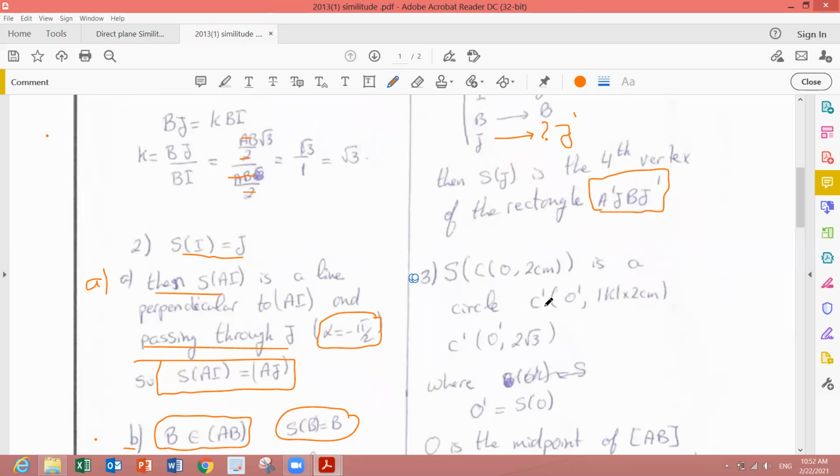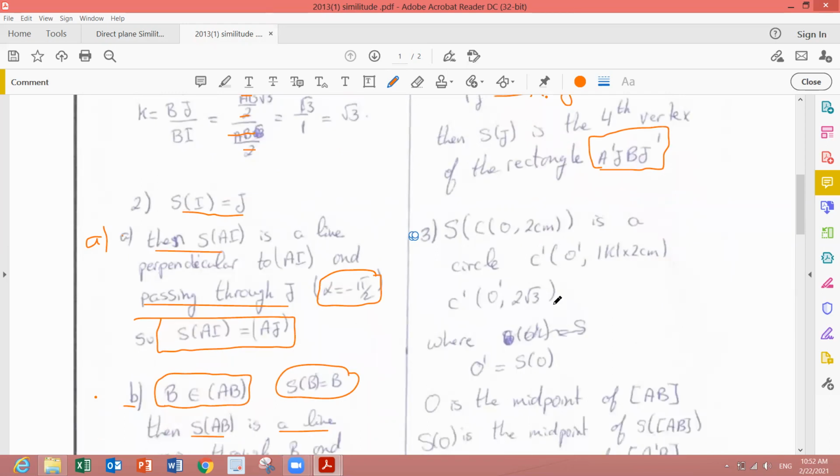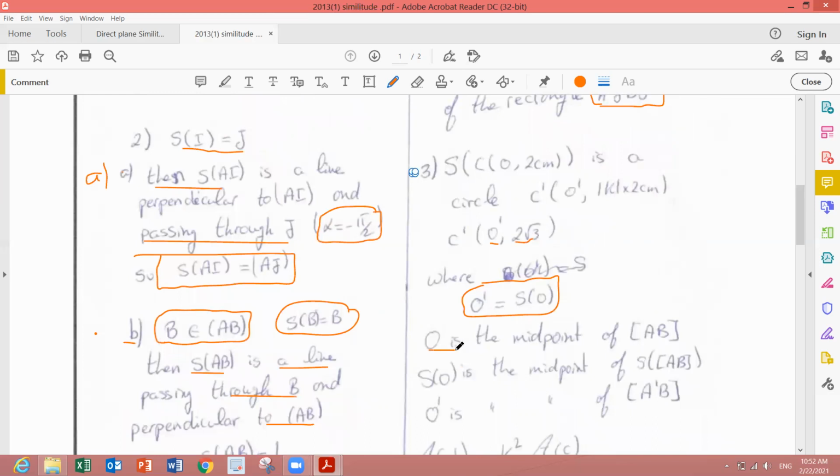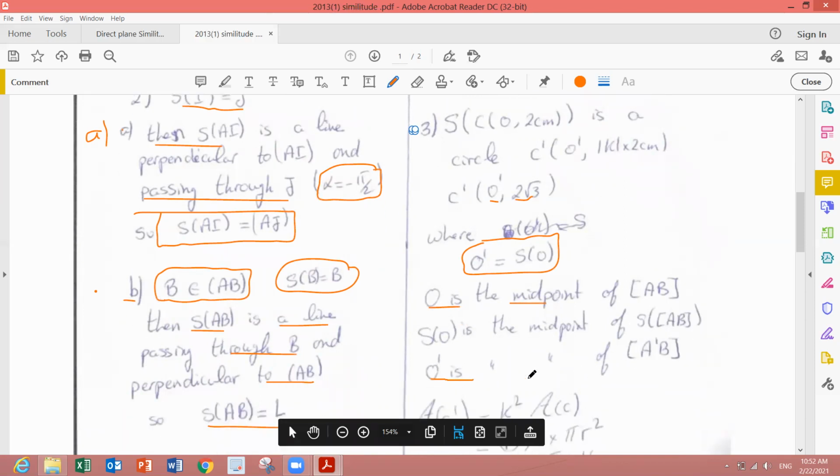So C prime will be of center O prime, and the radius will be K times R, of center O prime, radius 2 radical 3, where O prime equals S of O. O is the midpoint of AB, then S of O is the midpoint of S of AB. Then O prime is the midpoint of A prime B.